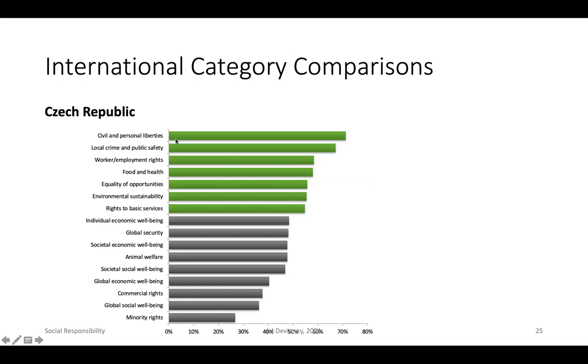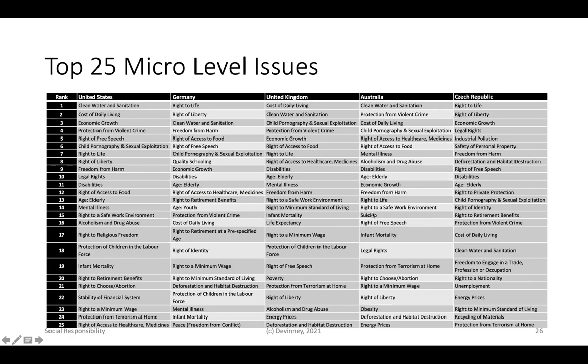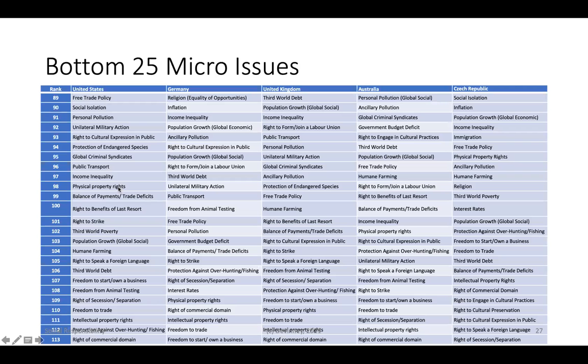Okay. And again, the Czech Republic is effectively similar in terms of this. The nice thing about this is we not only talk about it in general categories, but we actually talk about it across the individual issues, right? So there are about 110 of these. You could actually go in and look at these things in detail.